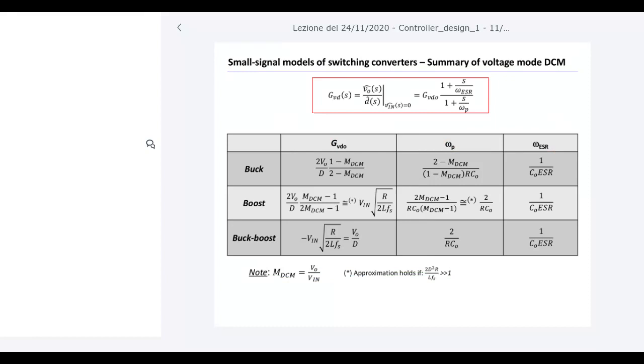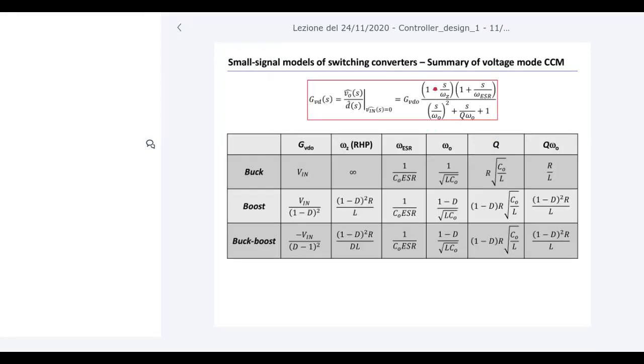Because now this quantity here that I always neglect, because omega zeta is infinite in CCM for the buck, and in DCM for the buck boost. Now, when you operate the boost or buck boost in CCM, it appears, and so it has some drawbacks that we can see next time.